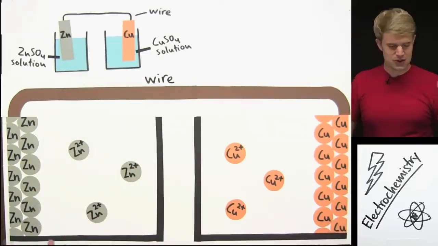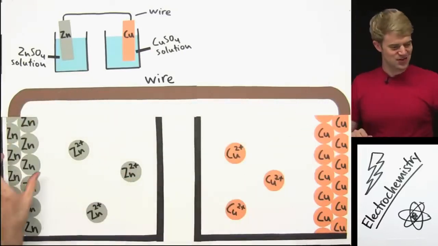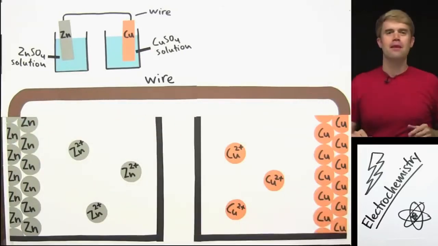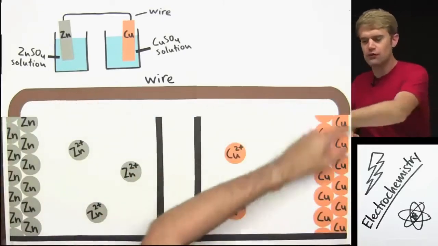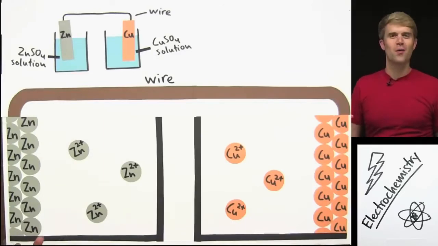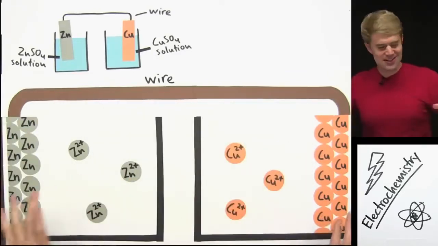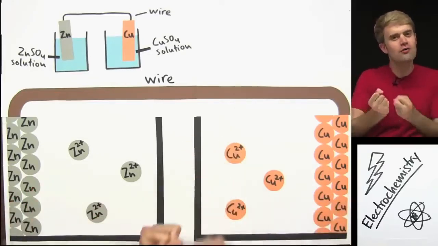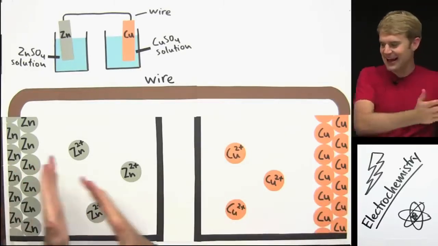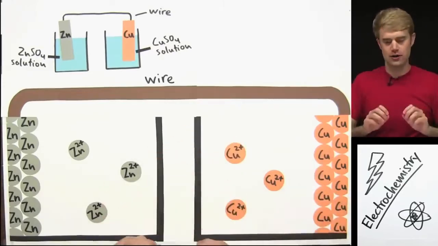Okay? So we've got a wire that connects the zinc and the copper. And we've said that when we hook everything together, electrons start flowing through this wire. Well, why is that? When we connect these two pieces of metal with a wire, it starts a tug of war between the zinc and the copper. They're having a tug of war for the electrons.